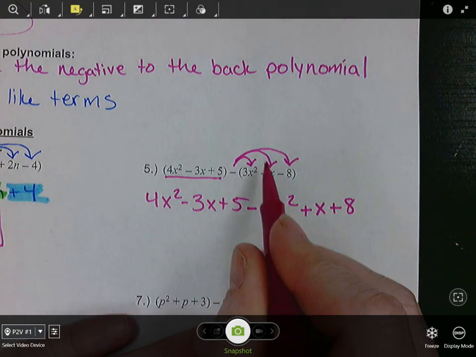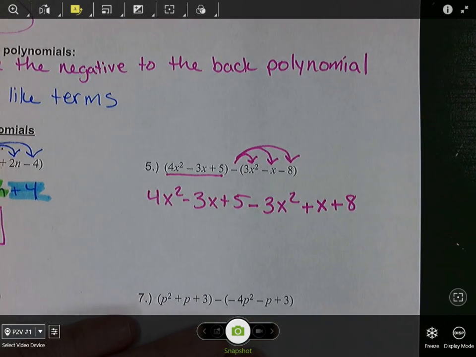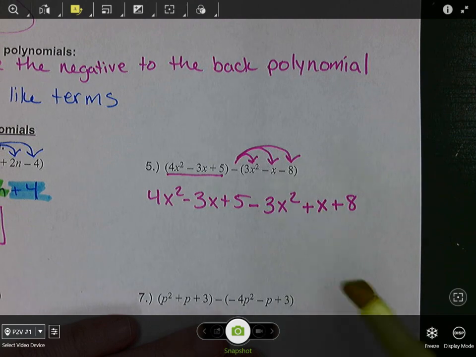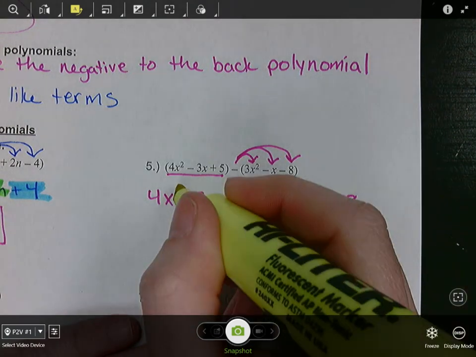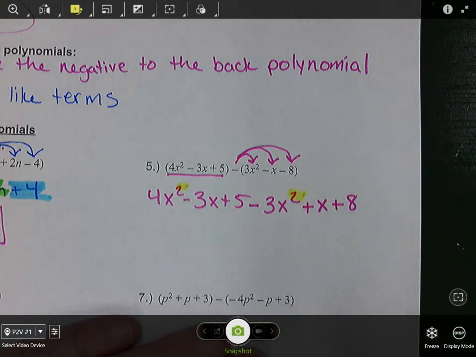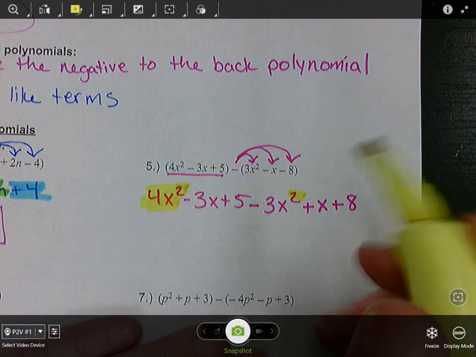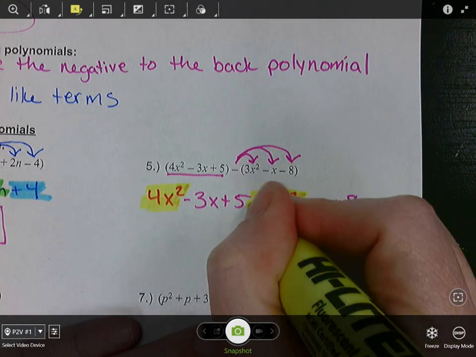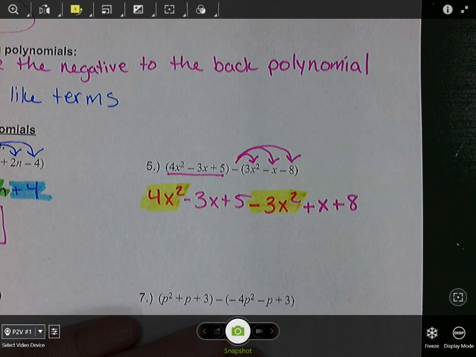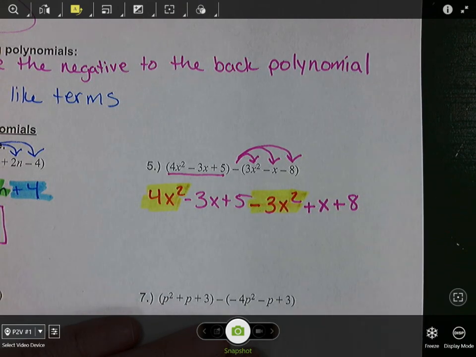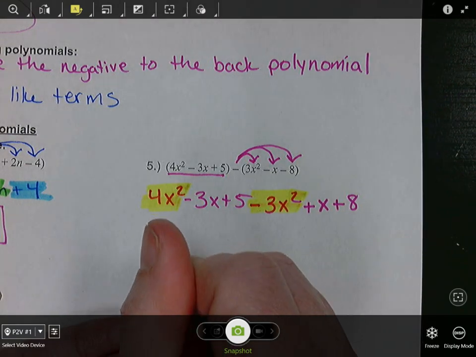Now that you've distributed the negative, now you combine your like terms. So I see the biggest exponent is this 2 and this 2. So I've got to add 4x squared and -3x squared. What's 4x squared minus 3x squared? Yeah, 1x squared, and we just write that as x squared.